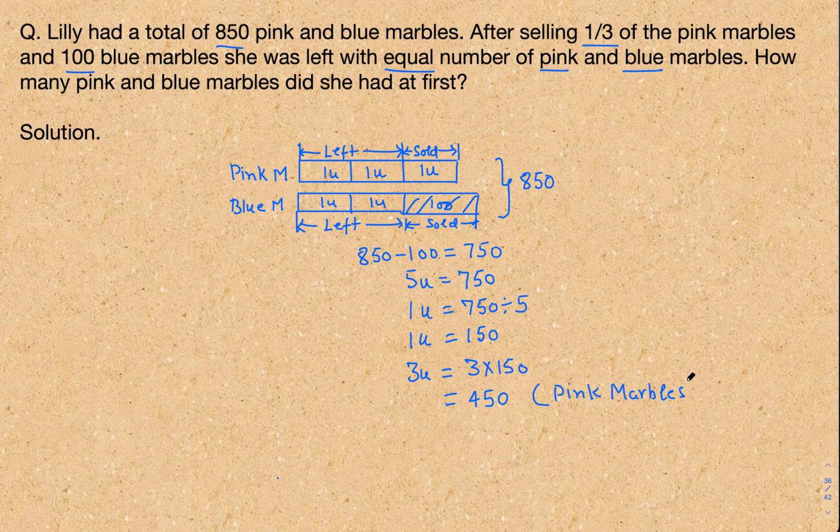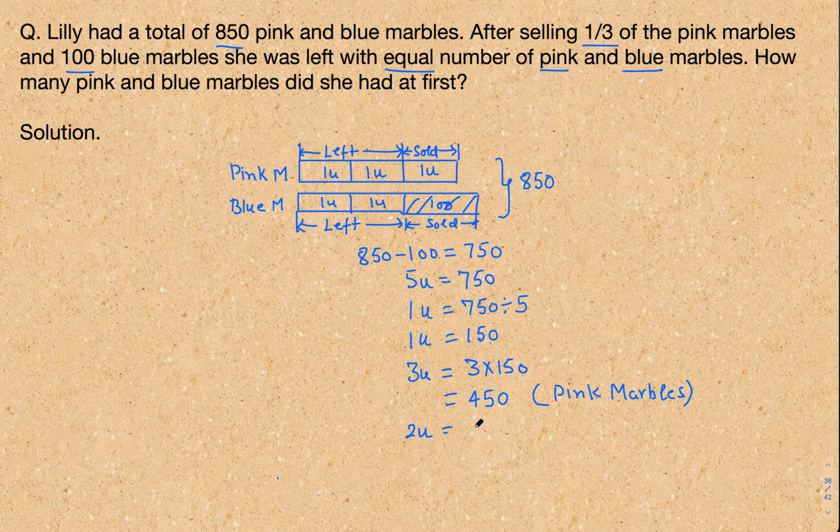And how about blue marbles? Look at the model and try to think. Clearly there are 2 units left at the end, and another 100. So let's find first how much 2 units will be.